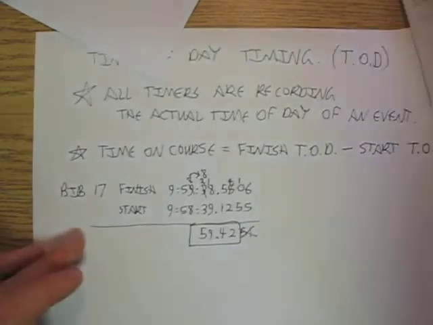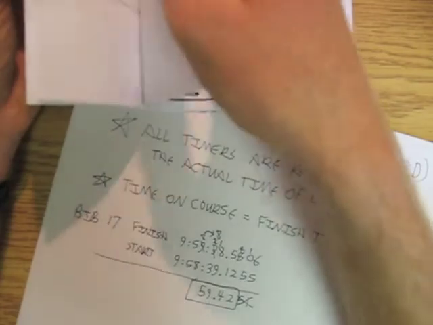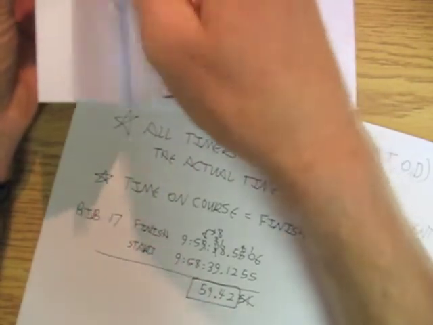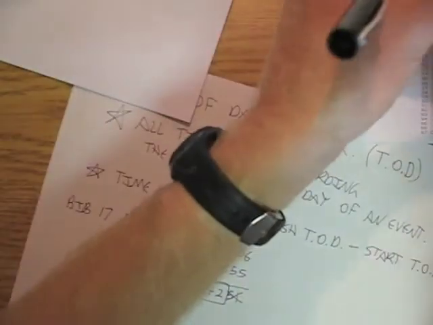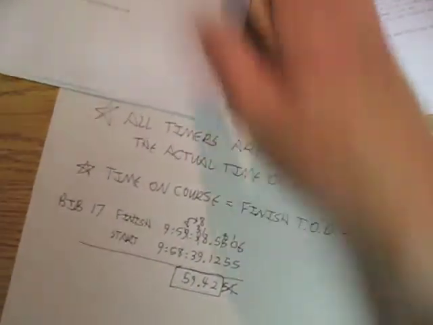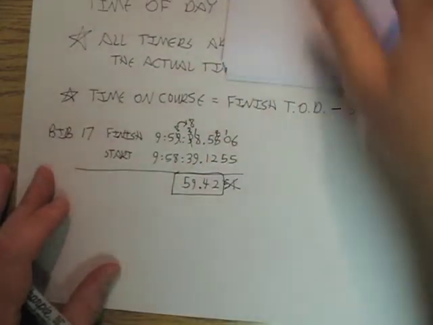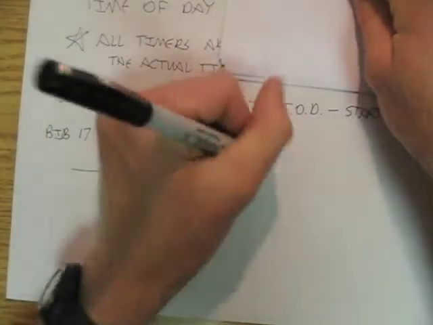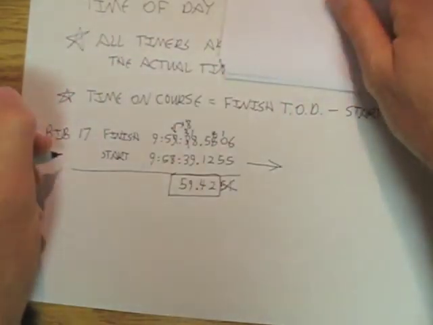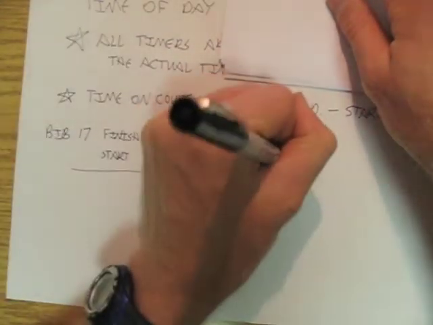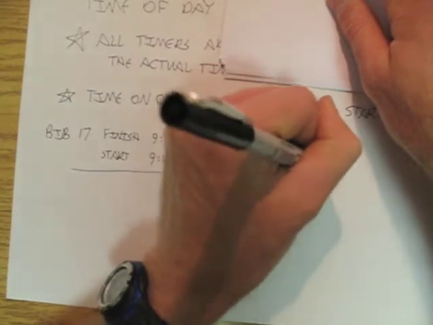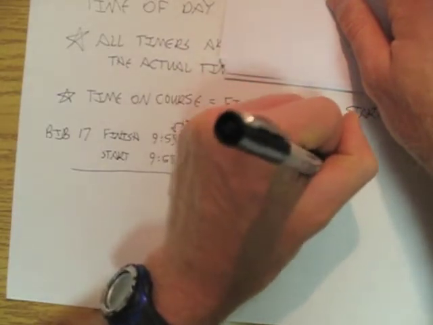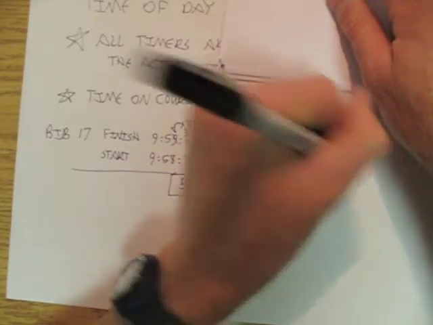Now, because everything is hooked up to my time of day, my secondary system should have the same numbers. I've sort of crossed this out, which is a little bit confusing, but here I've got 9:58:39.1231.